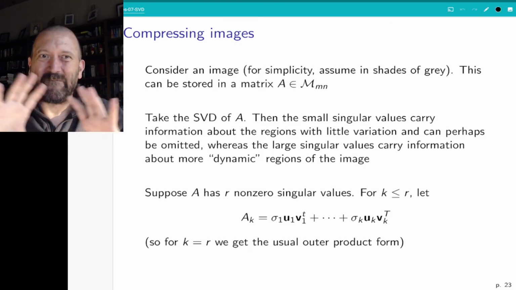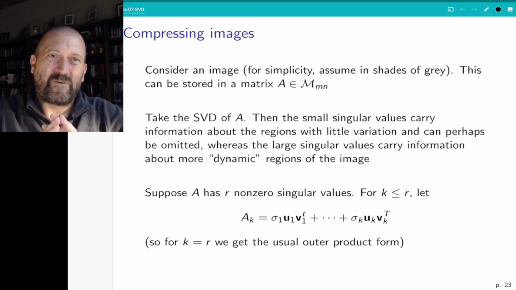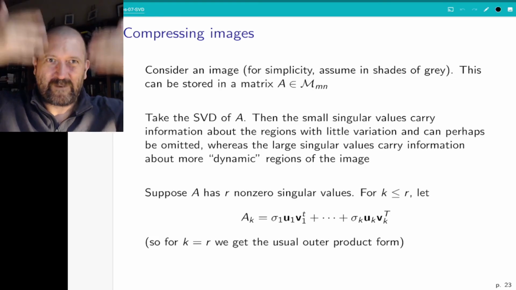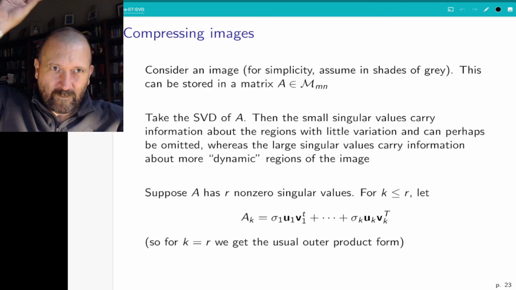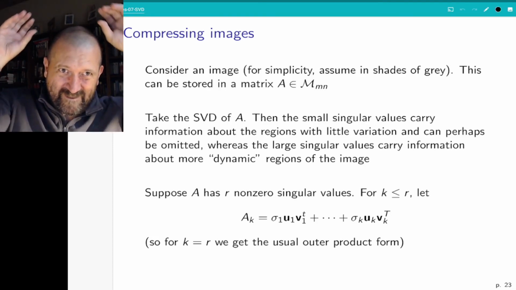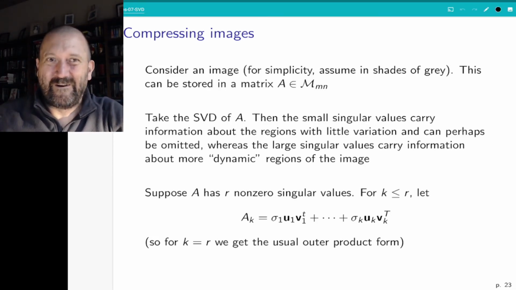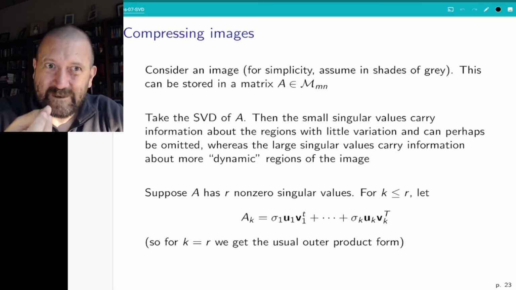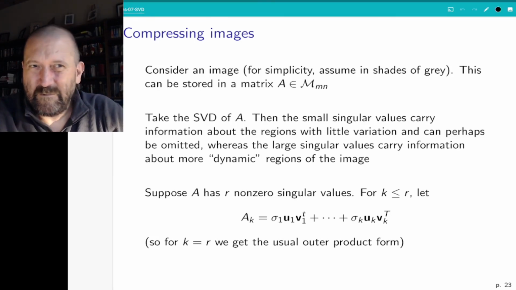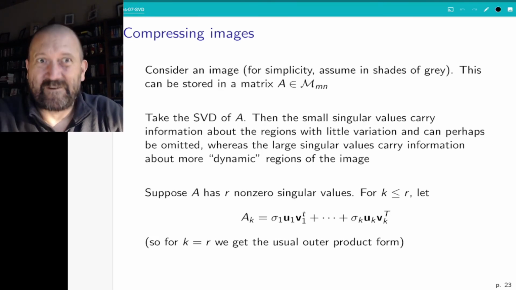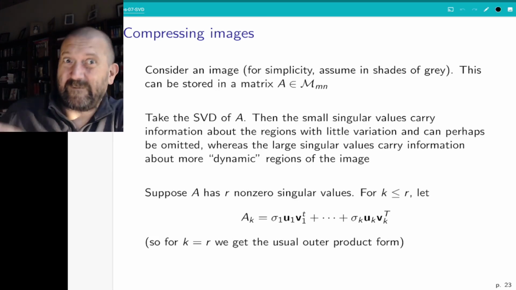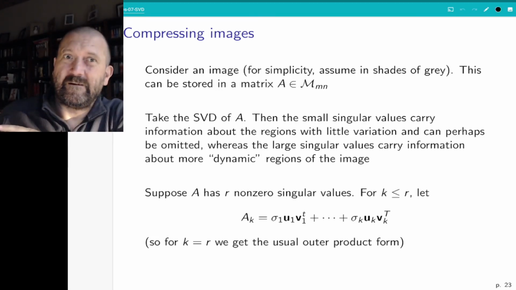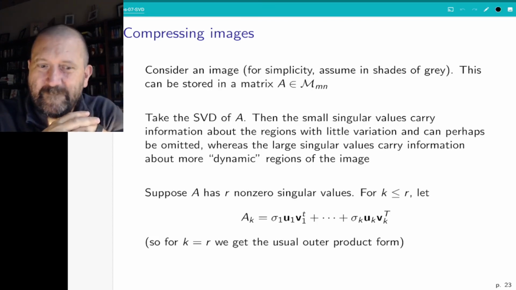This has little variation, it's the same color used everywhere. So if you think of this image at one instant in time as a matrix, there's not a lot of variation above my head. This is going to be carried in terms of information by the singular values that are close to 0, and the associated singular vectors u and v are going to contain this information as well.